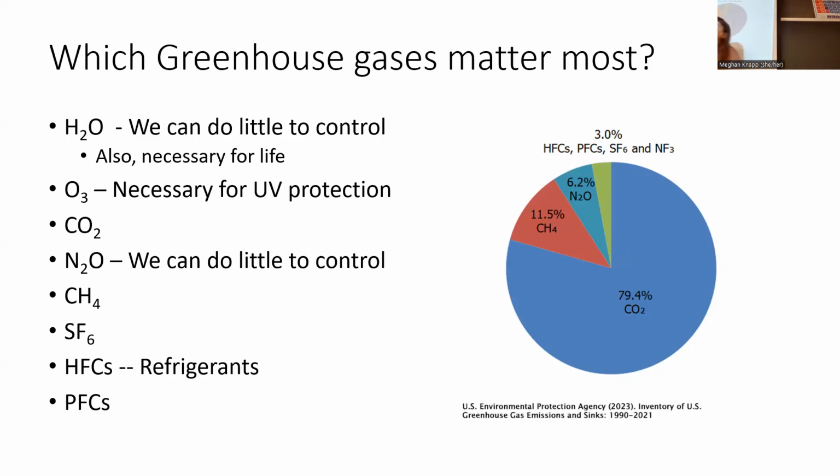HFCs, those were the things that replaced chlorofluorocarbons, CFCs. So the HFCs, instead of chlorine, they have hydrogen on them. So we don't have those random chlorines around breaking up the ozone. But with the hydrogen attached, it absorbs more energy and so is acting as a greenhouse gas. All right, so these are the big ones.